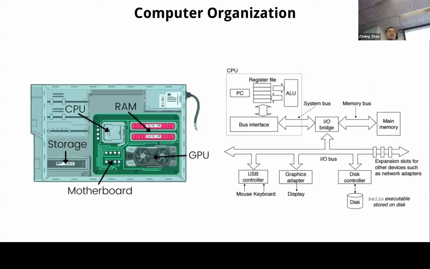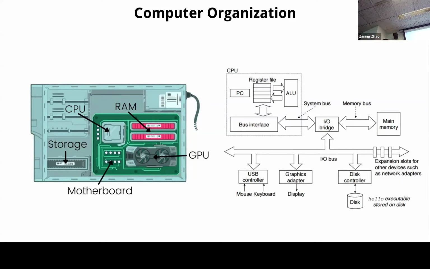Okay, so I will first give you an overview, before we dive into the CPU architecture, of computer organization. A computer is made up of many different components. There are CPUs, main memory, usually called RAM, GPU, storage, microphone, camera, all of them combined together are your personal computer.